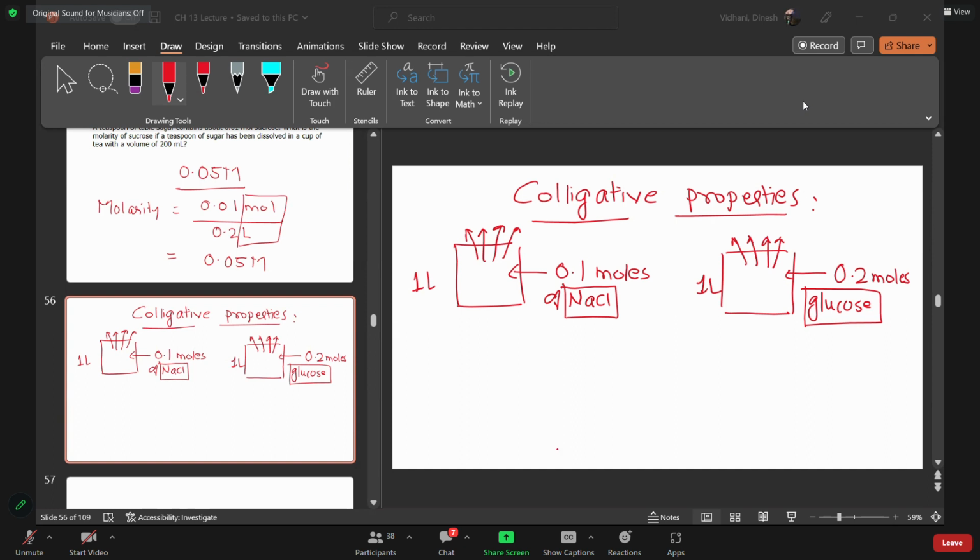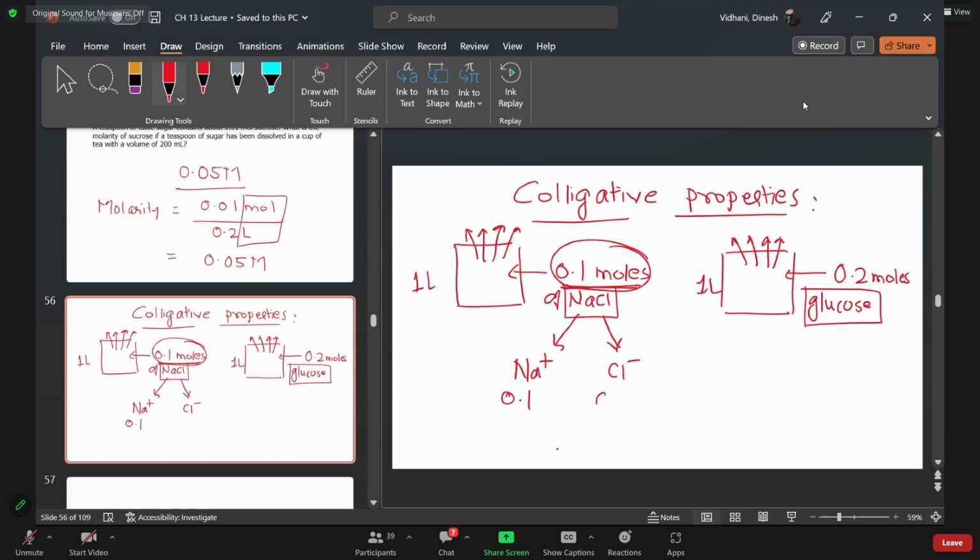No. If I have 0.1 moles of NaCl, look at how many particles we have. Sodium chloride, you put it in water, it's going to split into sodium ions and chloride ions. But how many sodium ions do we have? Well, 0.1 mole of sodium chloride will split into 0.1 mole of sodium and 0.1 mole of chloride ions, right? On the other side, when we look at glucose, does glucose split into ions?